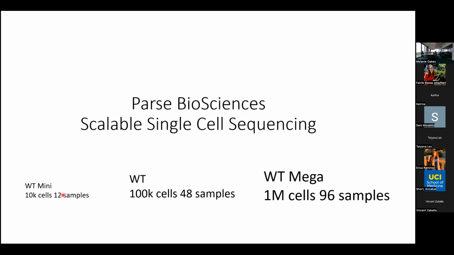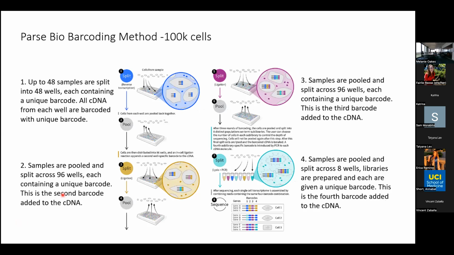So what does SplitSeq look like? This is the workflow for 100,000 cells, where you can go up to 48 samples. For one thing, sample prep wise, to begin with, these samples are fixed, using Parse's fixation kit.